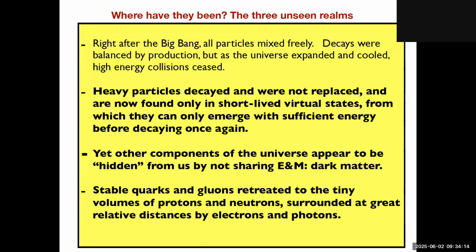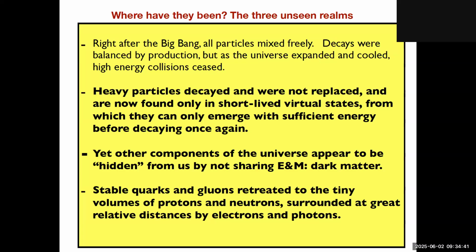So in words here, heavy particles decayed and were not replaced and are now found only in short-lived virtual states from which they can only emerge with sufficient energy before decaying once again. So this is part of the standard model and presumably other components of quantum field theories that describe dark matter.